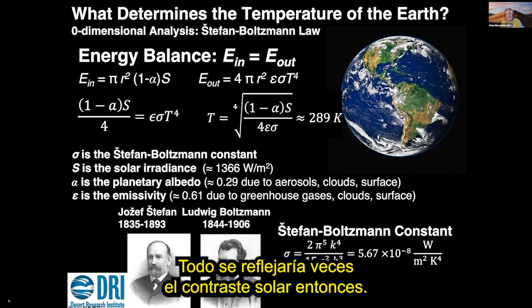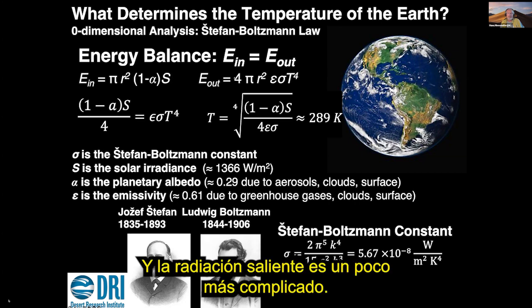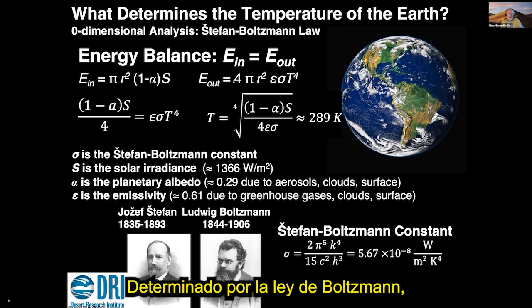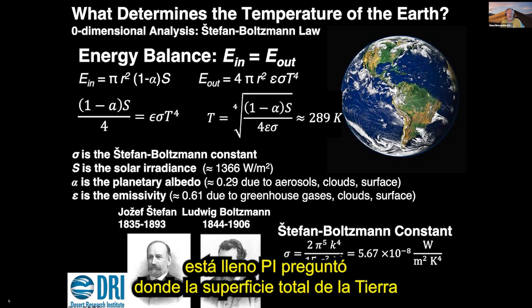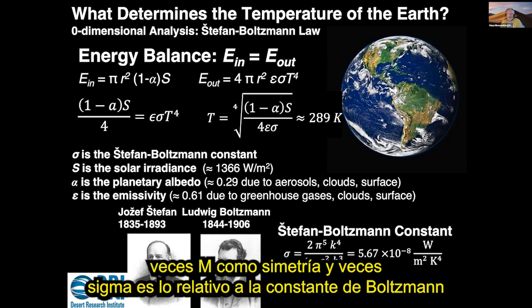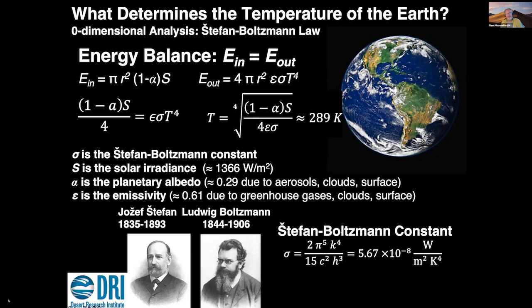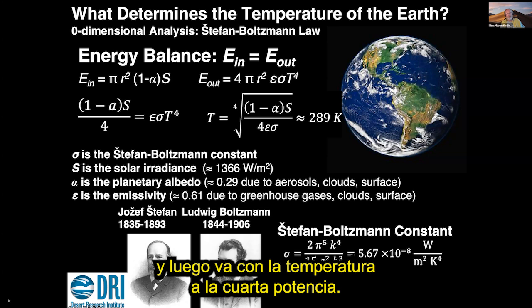Times the solar constant. And the outgoing radiation is a little bit more complicated. It's determined by the Stefan-Boltzmann law: 4 pi r squared, the total surface area of the Earth, times the emissivity and times sigma, the Stefan-Boltzmann constant, and then it goes with the temperature to the fourth power.